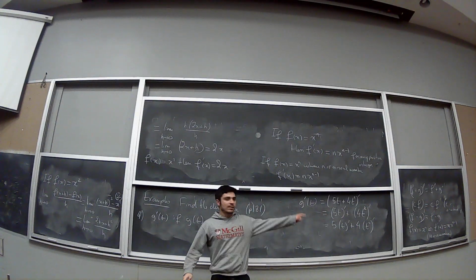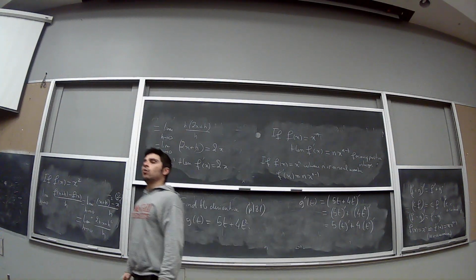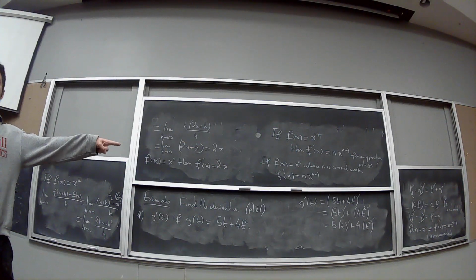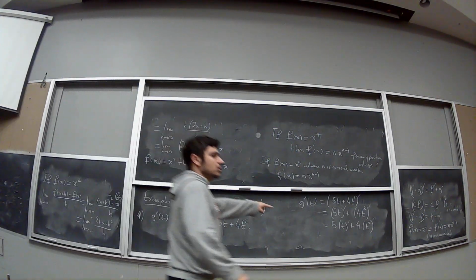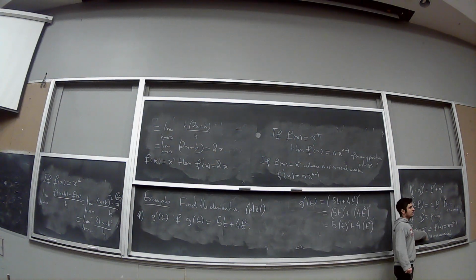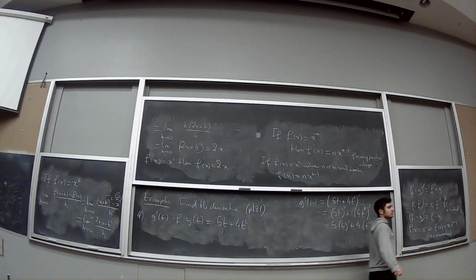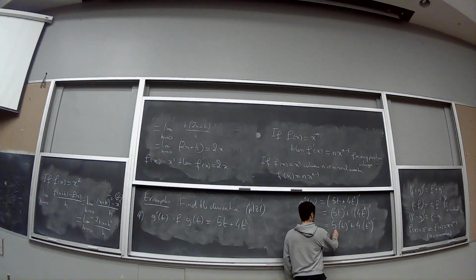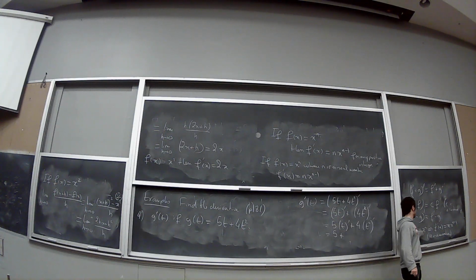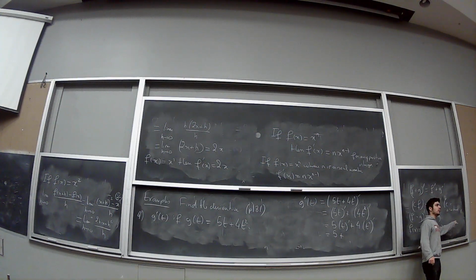Great. Now I have a power of t. What's the derivative of f of t equal to t? It corresponds to n equal 1, right? f prime of t in that case is just 1. Now if I take t squared, so x squared, what's the derivative of x squared? You bring the n down and you lower the power by 1.